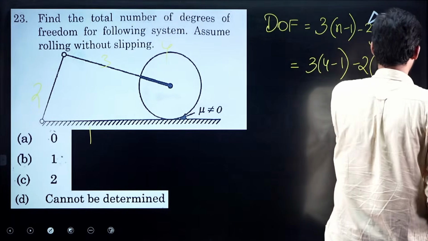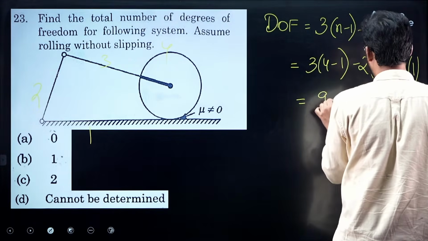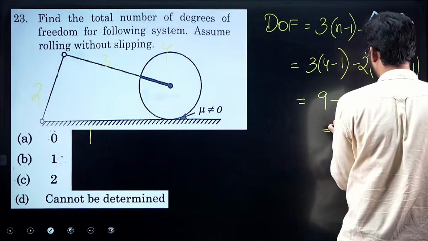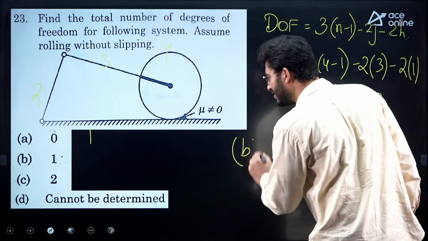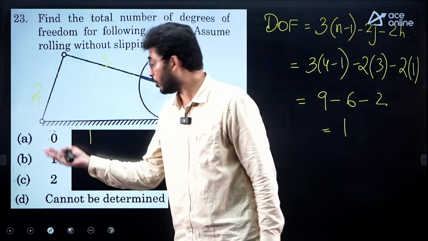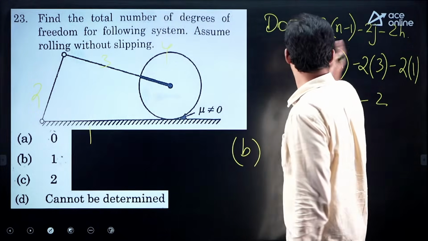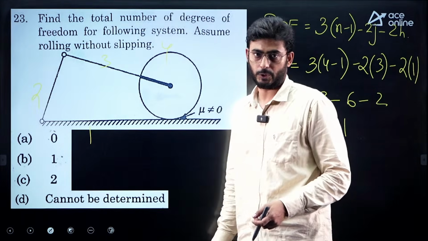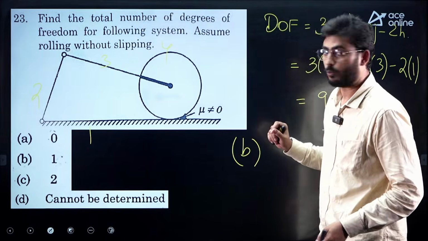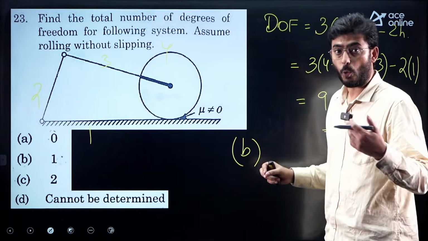So that is 2 times 1, which is equal to 9 minus 6 minus 2, which is equal to 1. So degree of freedom here is 1, option B is the answer. And if we consider rolling plus slipping, then replacing 2h with h, we get the answer as 2. Option C would be the answer in case of rolling with slipping.